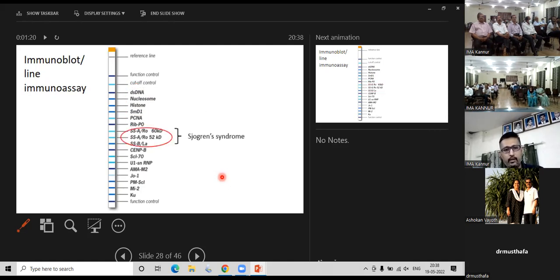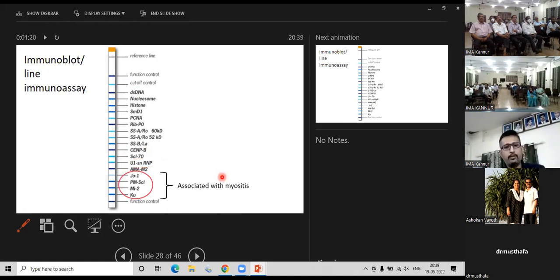Next are the ones associated with Sjogren's syndrome, which include SSA, SSB, and Ro52. The third group would be the ones associated with scleroderma, that is the centromere B antigen and Scl-70. The fourth one is U1-snRNP, which is associated with mixed connective tissue disease, though it is very commonly seen in SLE as well.